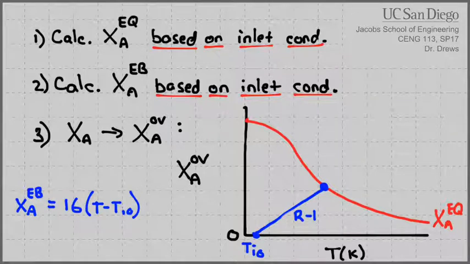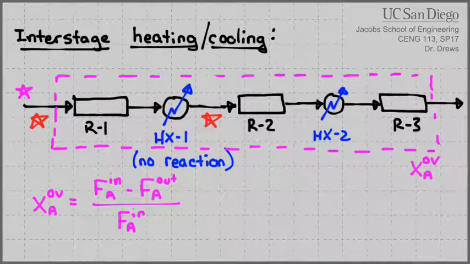So for example, if we look back at this setup, let's assume that this is Ti naught. That's the inlet one. And then the heat exchangers are built with sufficient capacity and a nice, clever controller that they always return the streams, no matter what inlet temperature there is to the heat exchanger. They always set the outlet temperature of the heat exchanger back to Ti naught. That doesn't have to be the case.